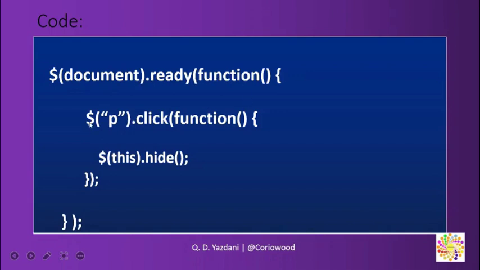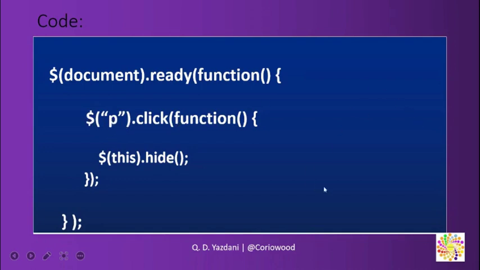What we're going to do inside this function with jQuery is target this p dot click. It means that if the document and everything inside is ready, then we decide what happens when we click on this selector. Remember we put selectors, we put a p.